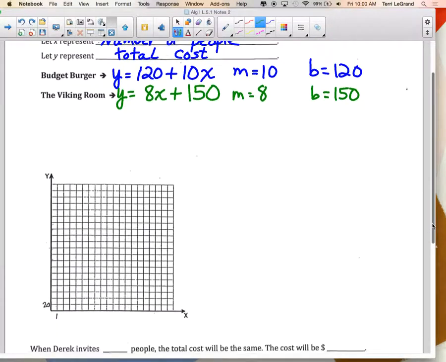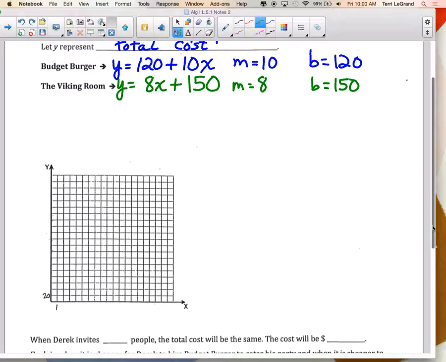Before we start we should get our graph set up, our coordinate plane, our display of it set up here.